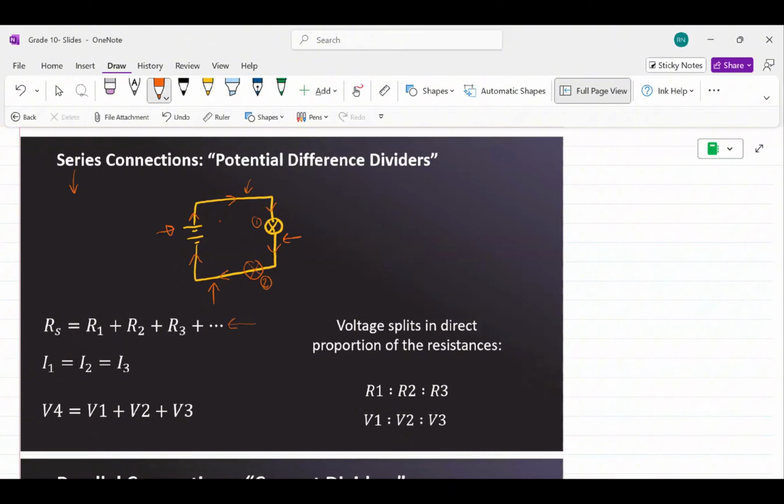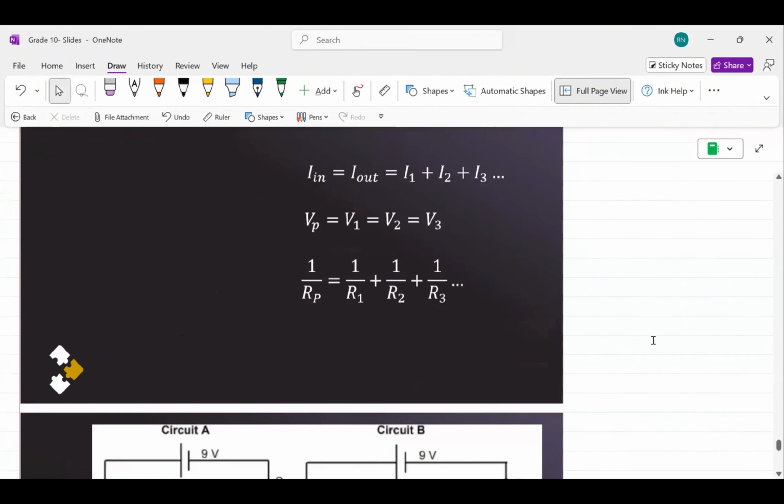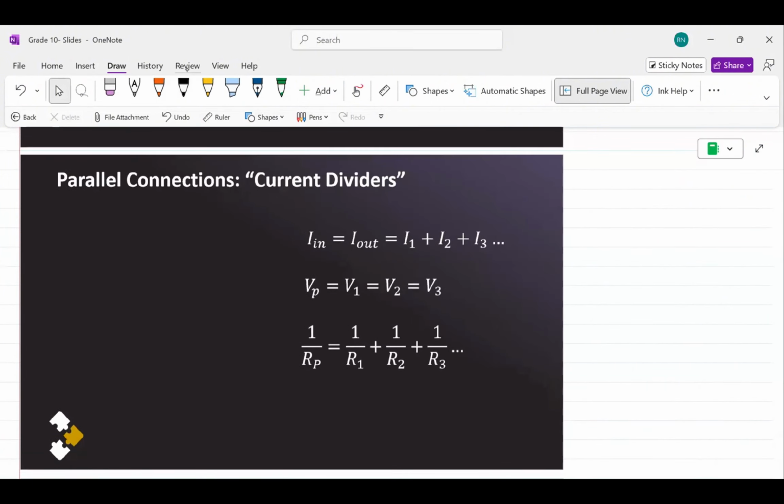Now, for parallel, there is a chance for our current to divide. So let's say we have our battery there, and we have our first resistor there, and we have our second resistor there.